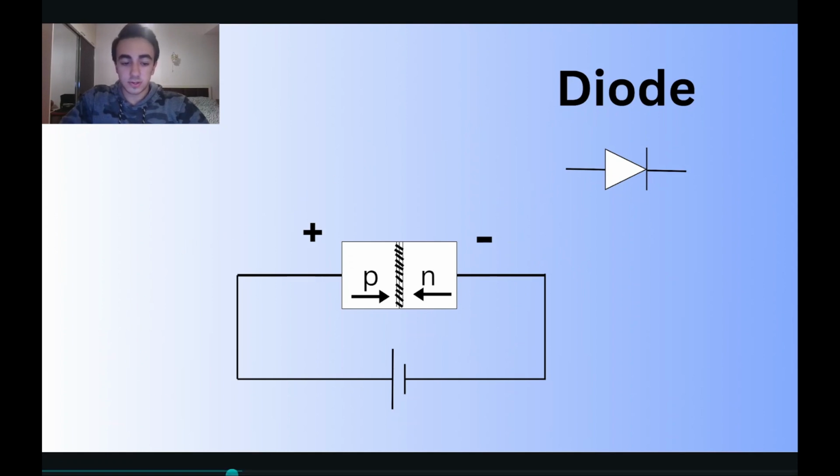This configuration allows the flow of electrons in only one direction, that is from n-type semiconductor to p-type semiconductor, and this element is called a diode, because it blocks the flow of electrons from p-type to n-type, but enables it from n-type to p-type.